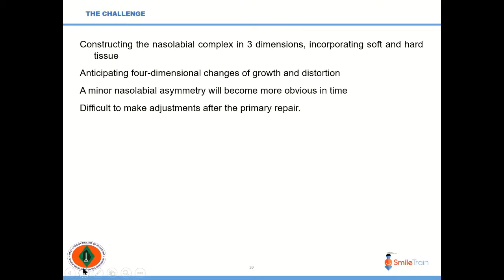The tubercle area tends to grow much slower, while the lip itself grows faster. So these are some things you need to bear in mind as you want to get a good repair, particularly knowing that a minor nasolabial asymmetry will become much more obvious as the child grows up. And once you have made a primary repair, adjustments are not so easy. So it's challenging. Next.